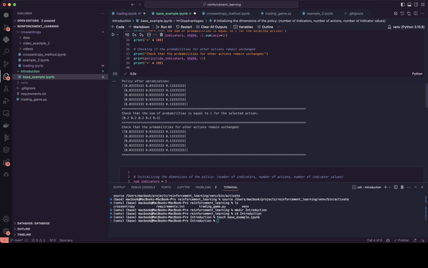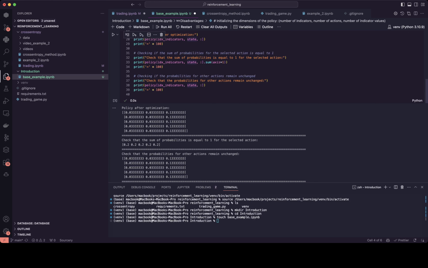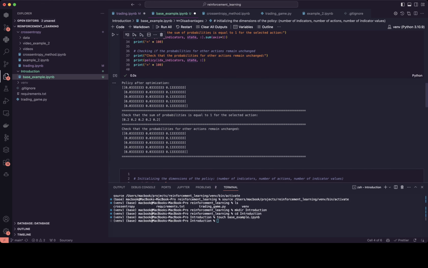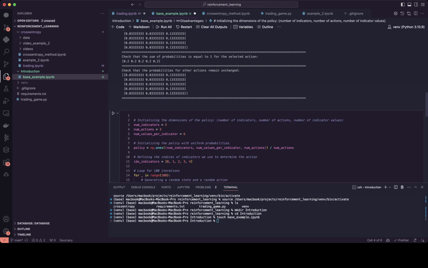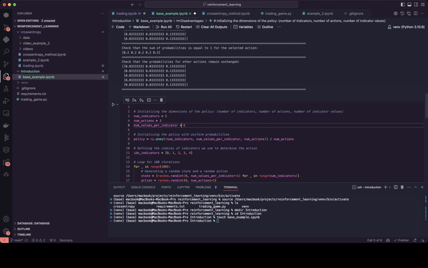Okay. And the other values are not changed, it's okay. And then we need to run a loop to understand how we could update this policy.